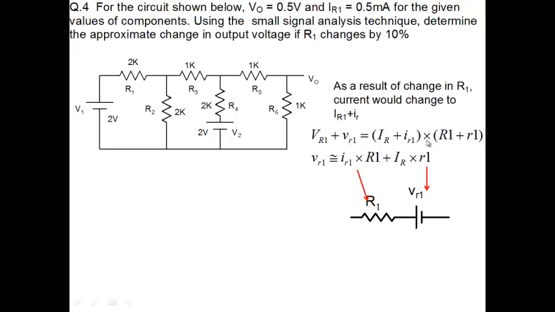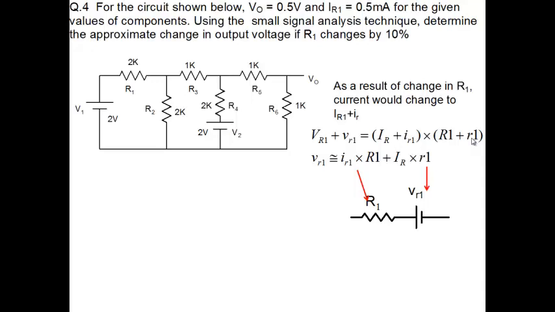So from here, we can get this: ΔVR1 is ΔIR1 times R1 plus IR times ΔR1, ignoring the higher order terms. If I expand this, there would be a term ΔIR1 times ΔR1, a product of two small quantities.